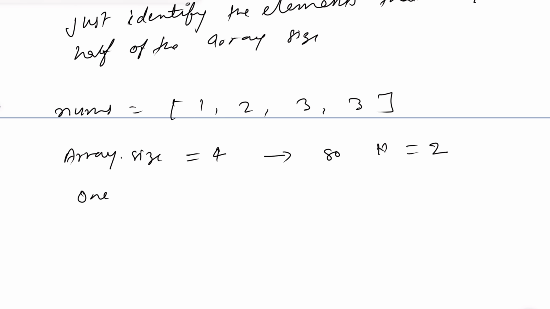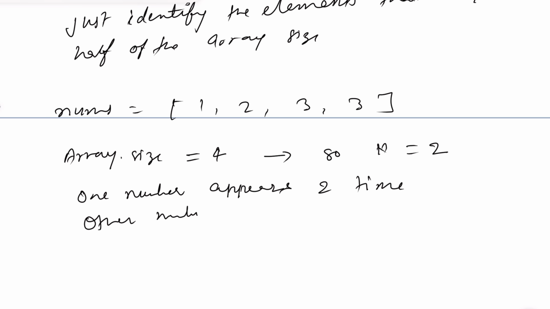So one number appears 2 times, and the other numbers appear 1 time. This is what we should understand.